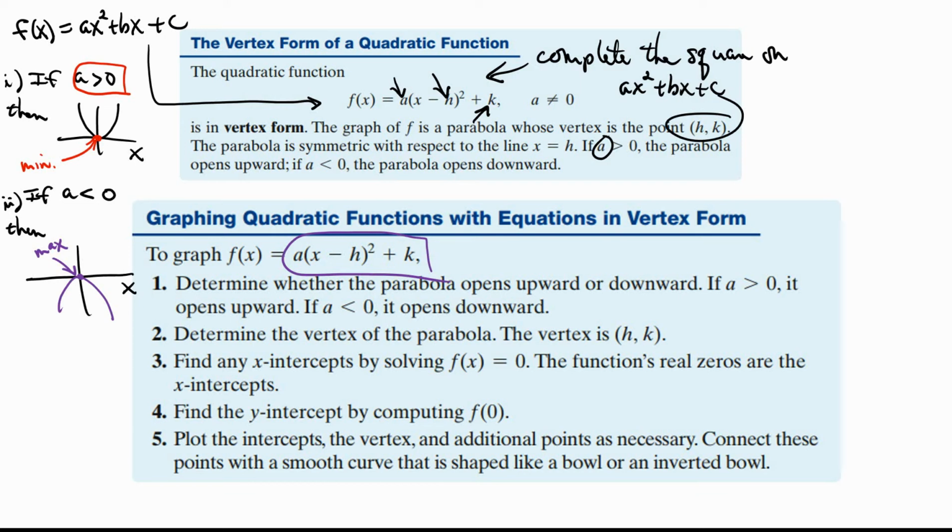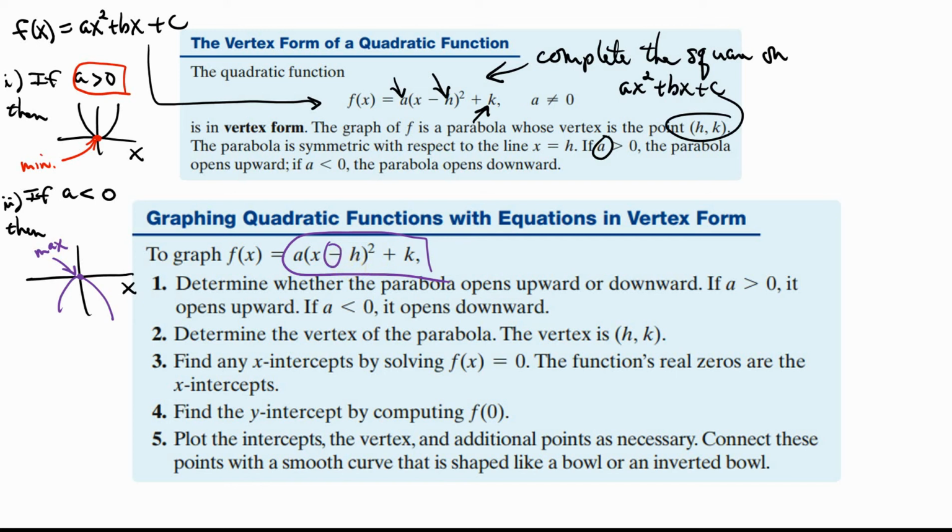That value for h, see that it says x minus h? So what happens if it's x plus h? Then you understand that h is going to be negative because the formula calls for that negative x minus h.